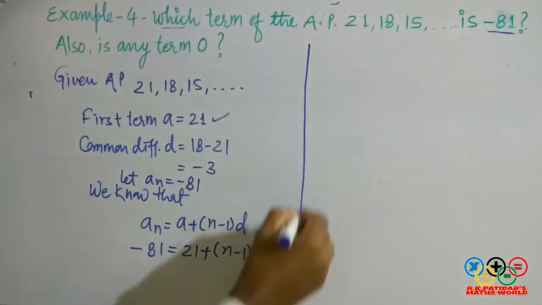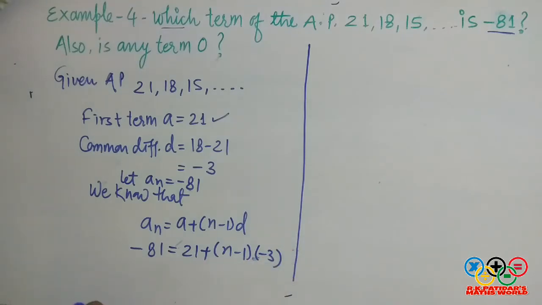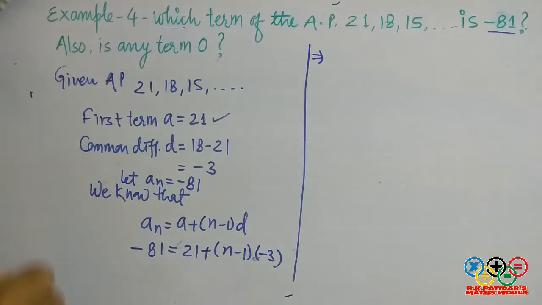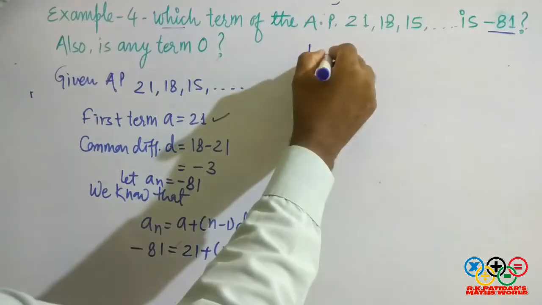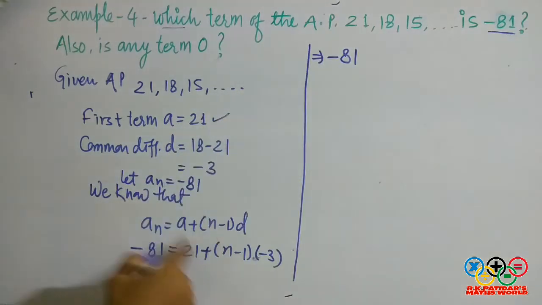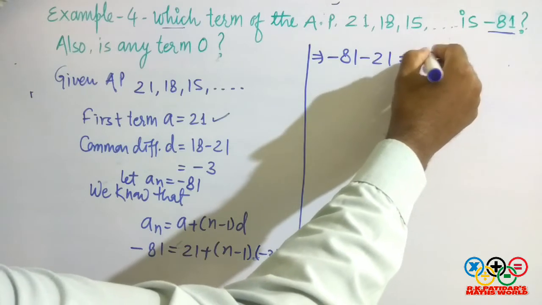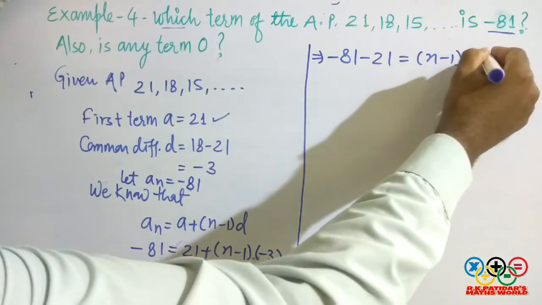Okay, and it is very simple to find n. We will use the rules of equations. minus 81, 21 को इधर ट्रांसपोज कर दें, minus 21 is equal to (n minus 1) into minus 3.